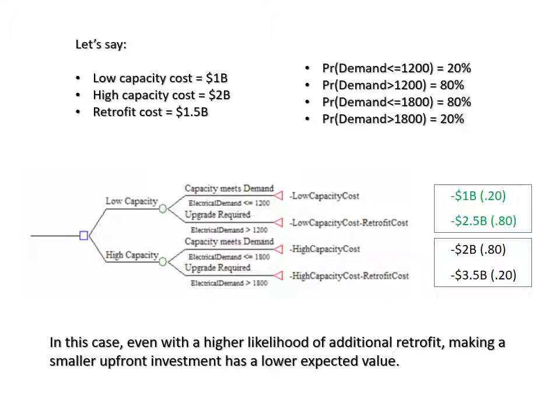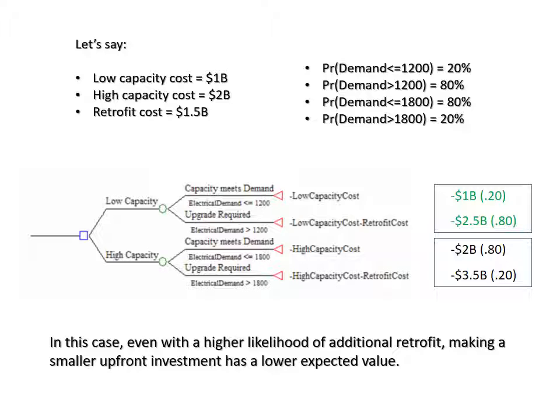So we want to find the lowest expected value for each one of these, across these two possible decisions. And similar to what we've looked at in the past, we're going to calculate the expected value by summing the costs and the probabilities of each outcome for each decision. And in this case, the lowest expected value is associated with building less capacity, right? That's what's shown in green here.